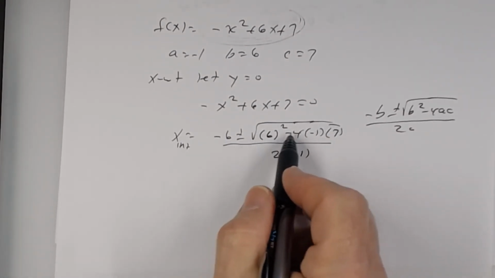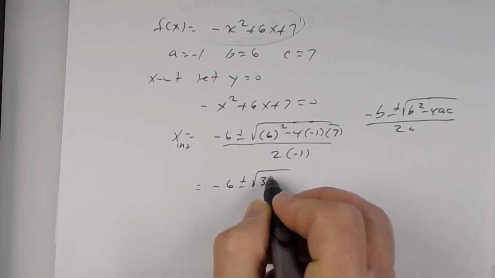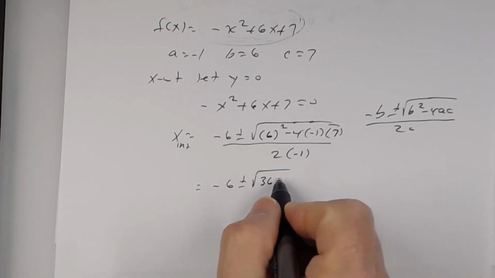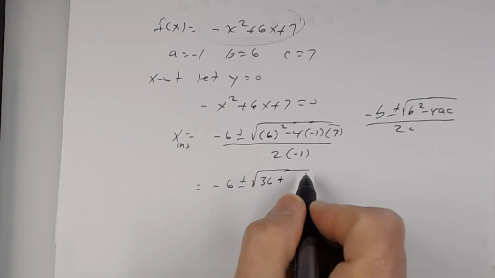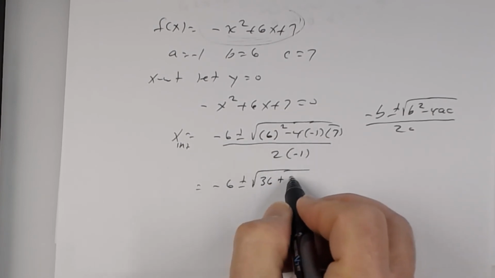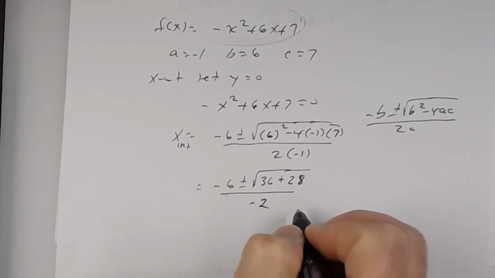Okay, let's deal with the discriminant. 6 squared is 36. What's a negative times a negative times a positive? Positive. What's 4 times 1 times 7? 28. All over negative 2, right?